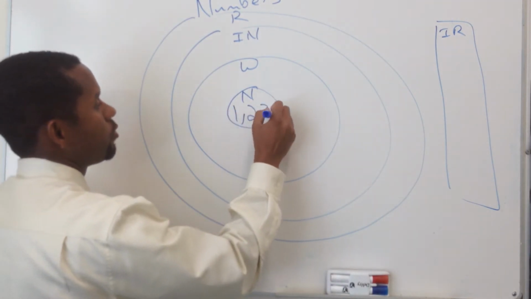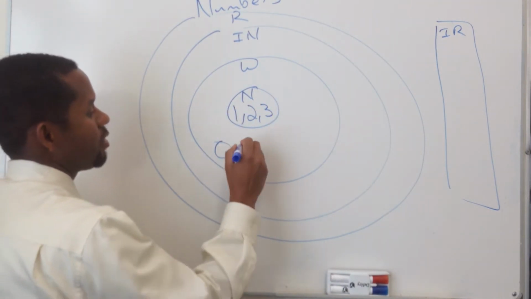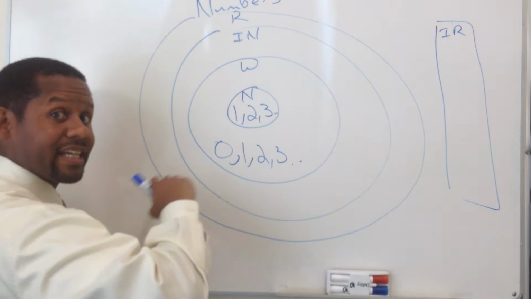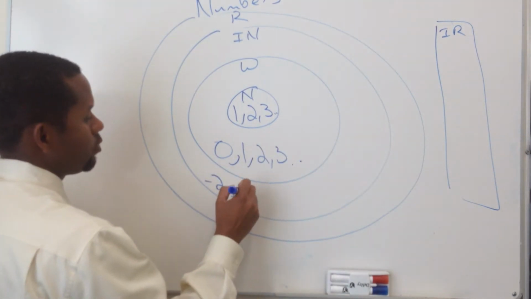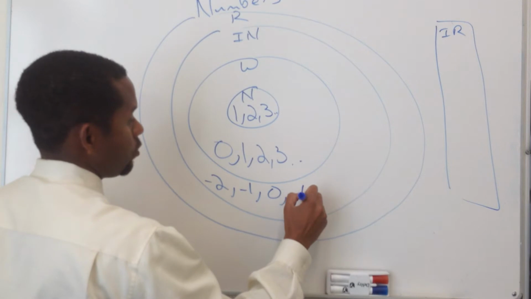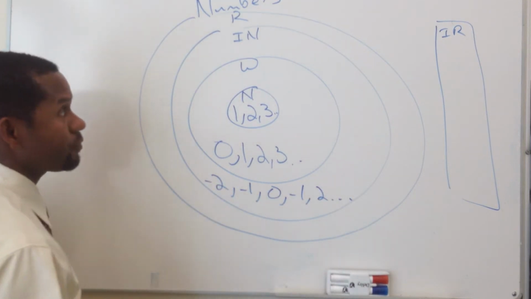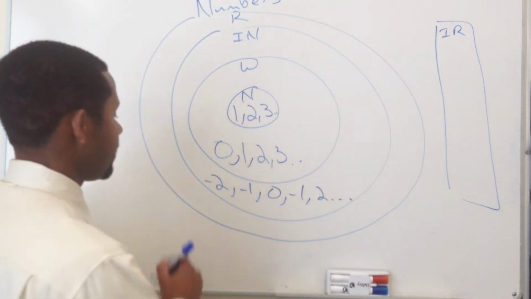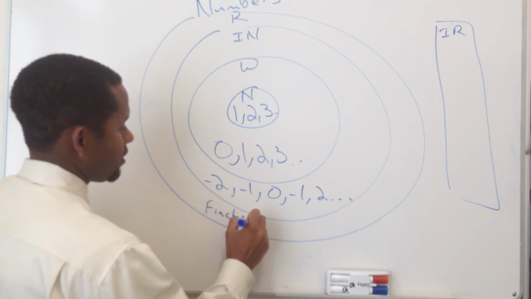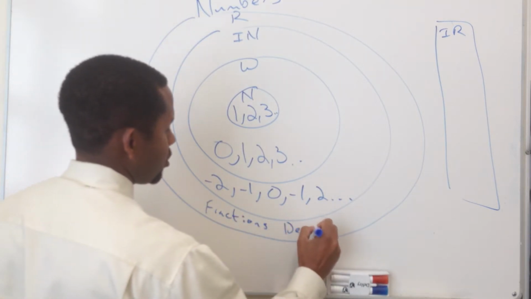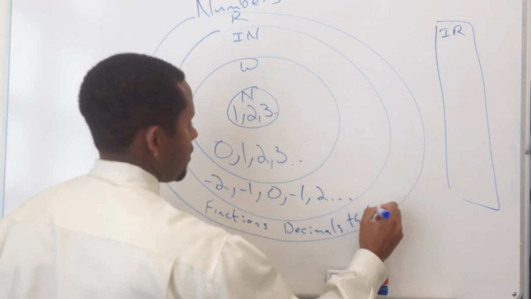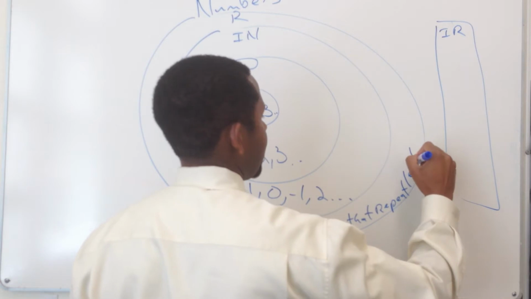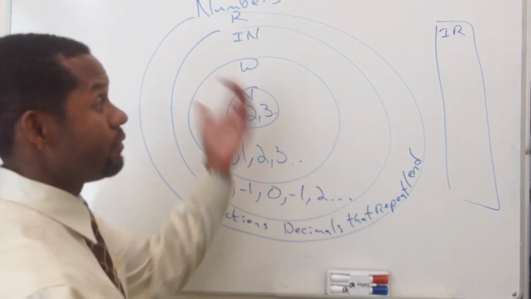Naturals: 1, 2, 3. Whole numbers, now I add a 0 in: 0, 1, 2, 3, keep going. Integers, I start going negatives and positives: -2, -1, 0, 1, 2, and so forth. Rational numbers bring in all your fractions, decimals that repeat or end, and everything else that's there.